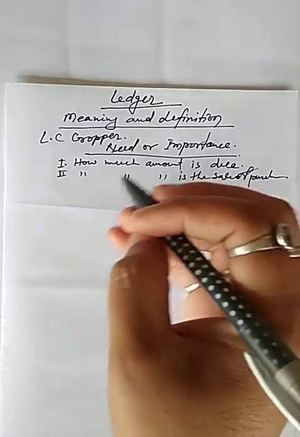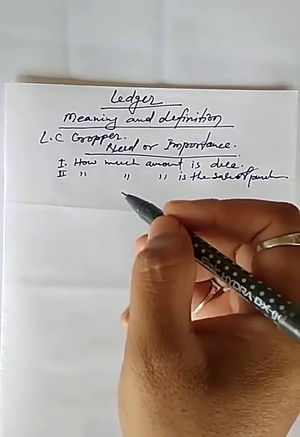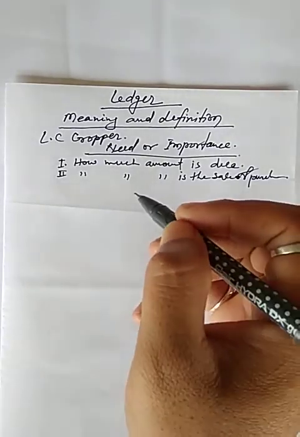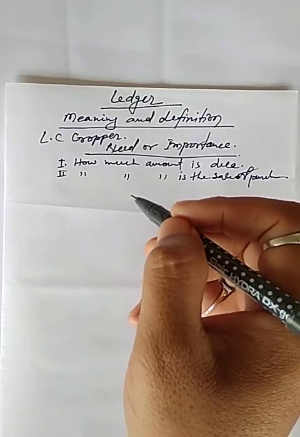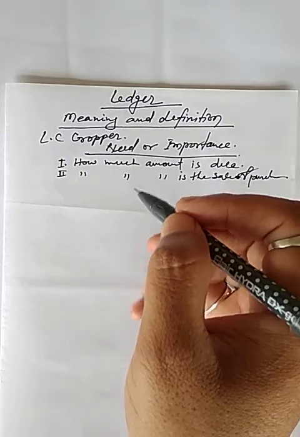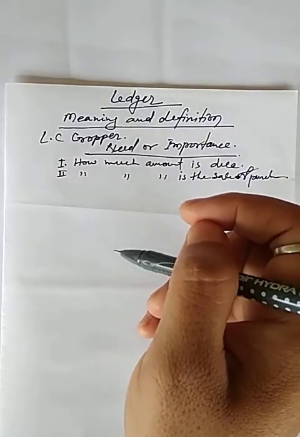But in the ledger, all the transactions pertaining to Surender Mohan and Company will be posted at one place in an account opened in their name.